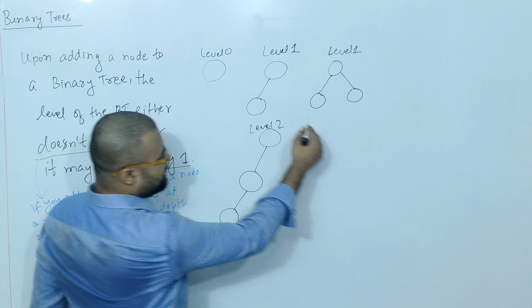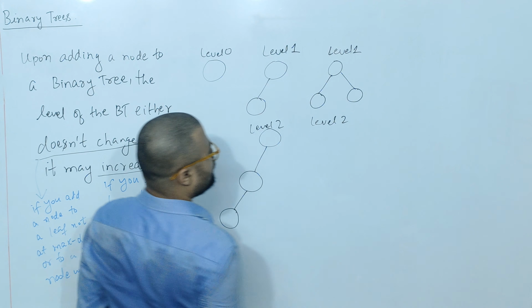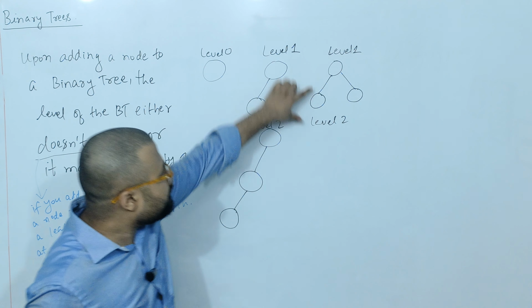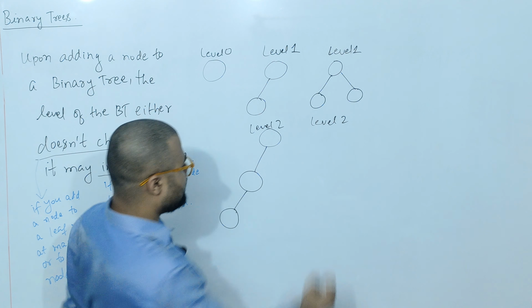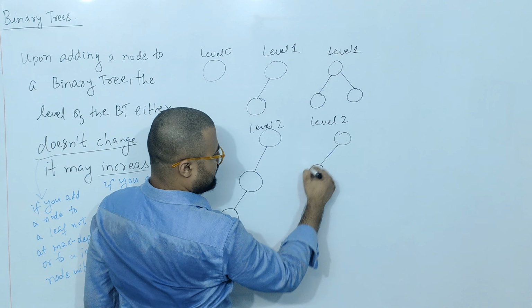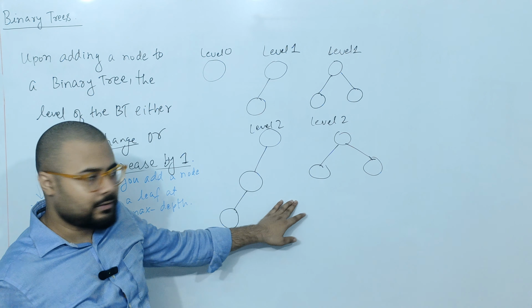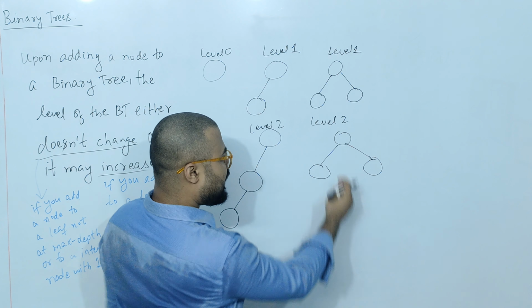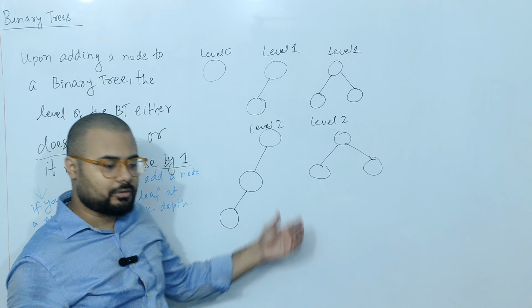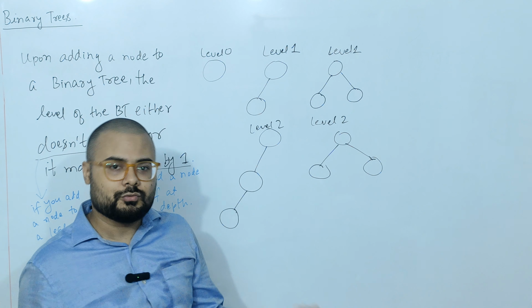Okay, similarly, let me first make another level 2 tree from this base tree. So this is my level 1 base tree. Now I cannot add a node to the root, because all the children of the root are already filled, meaning the root has 2 children.